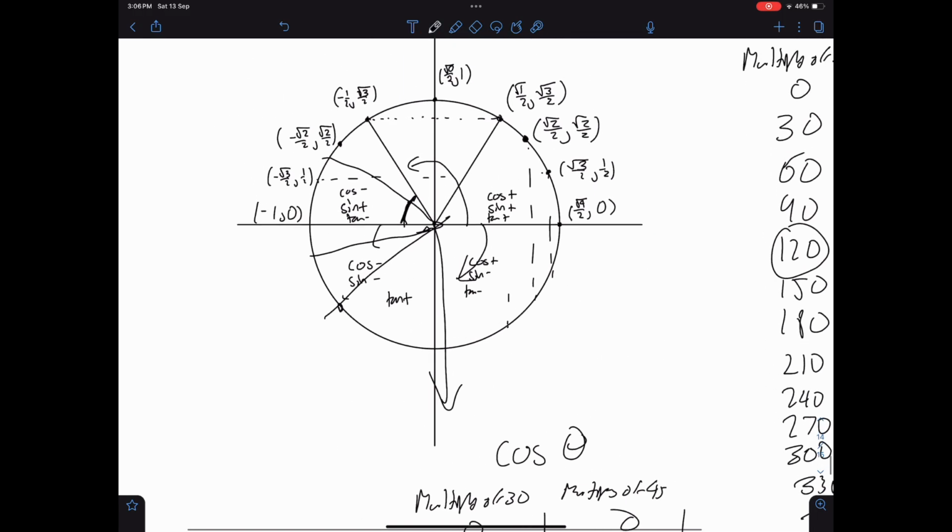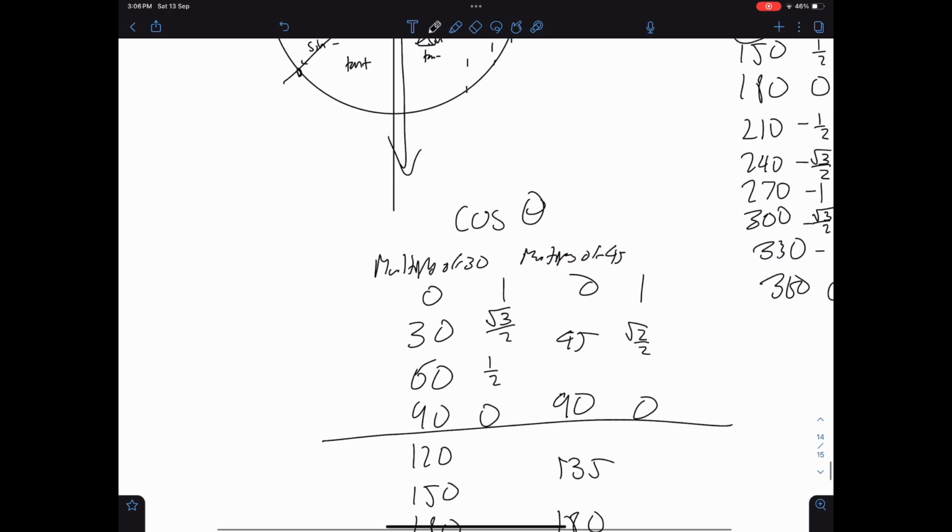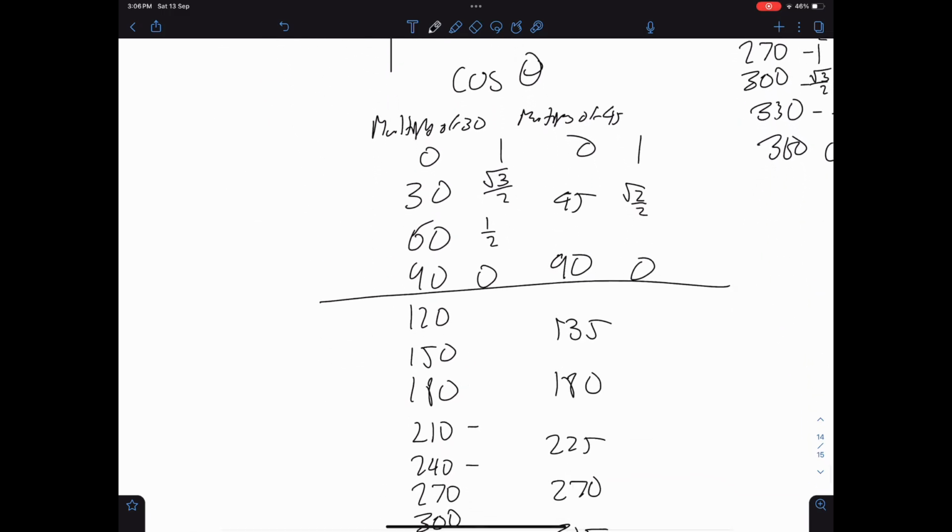And then we look at what it's like on the other side. We can see that it's the same for that basic angle, but negative.